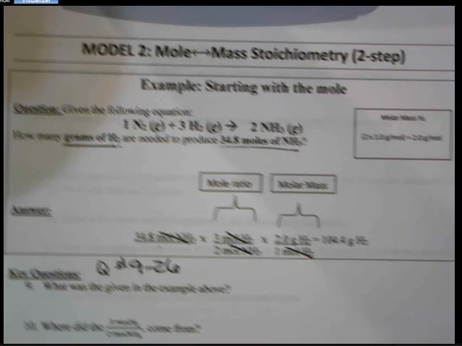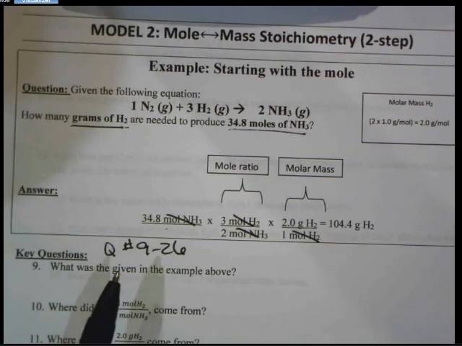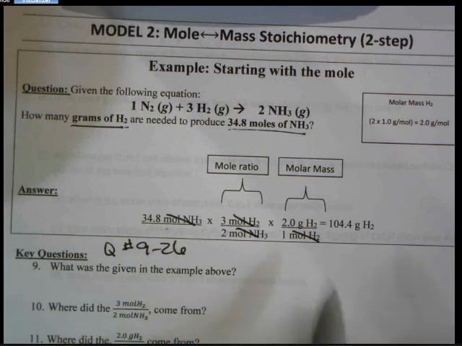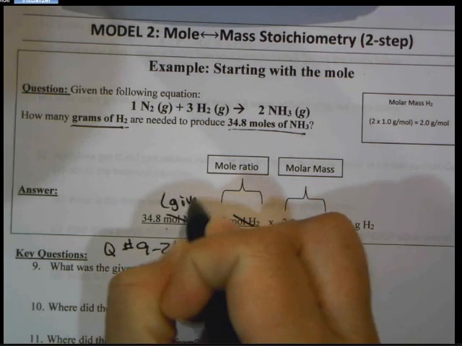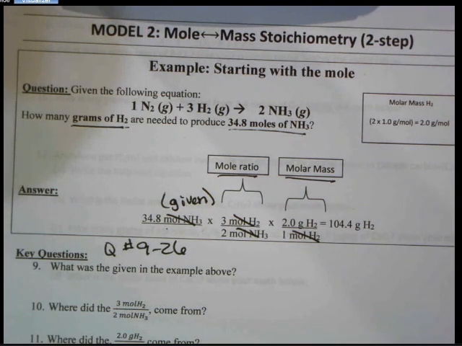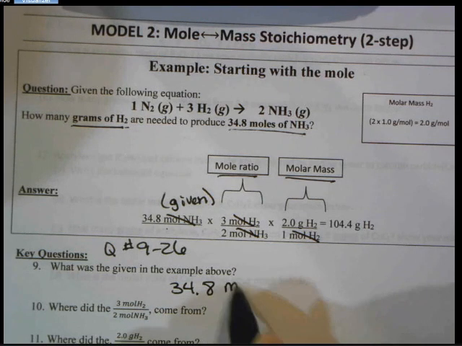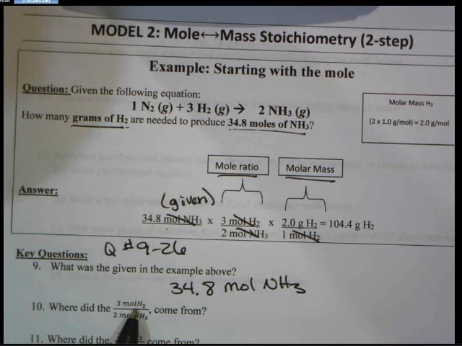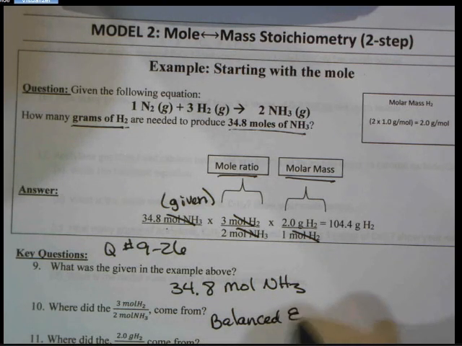All right, so let's look at number 9. What was the given in the example above? Well, right here. This was our given, right? And then we did our mole ratio and our molar mass, okay? So our given was 34.8 moles of ammonia. Where did the 3 moles of hydrogen to 2 moles of ammonia come from? That came from our balanced equation.